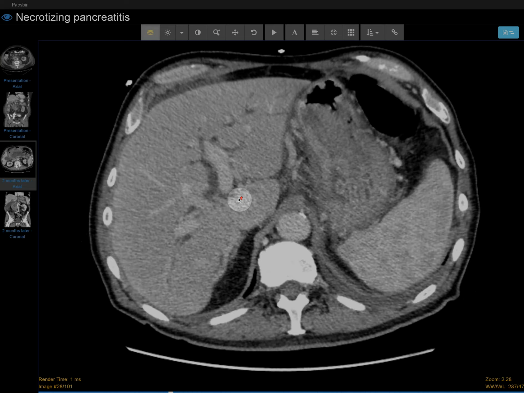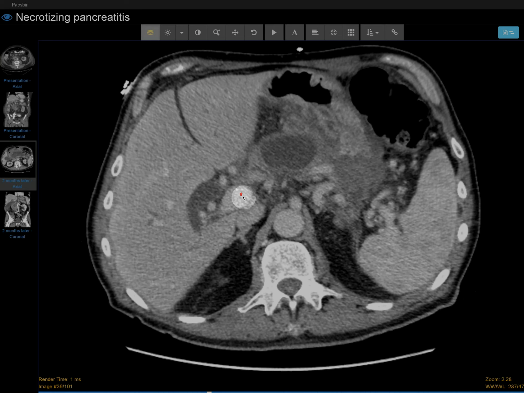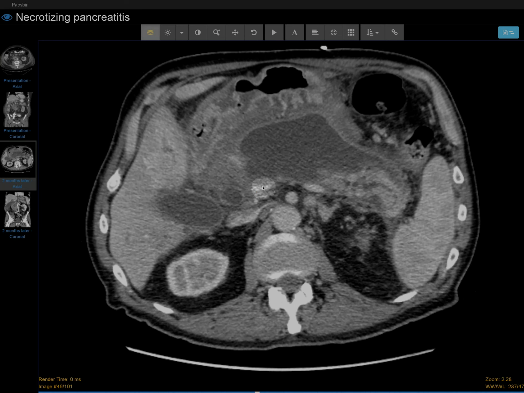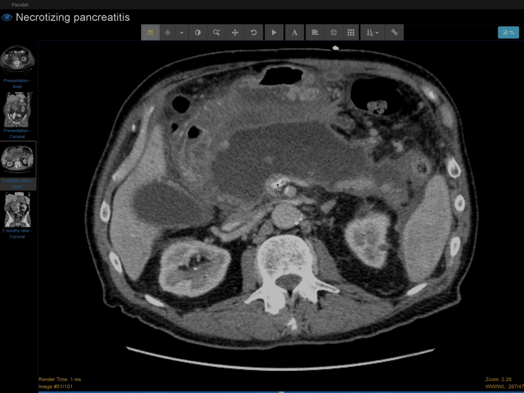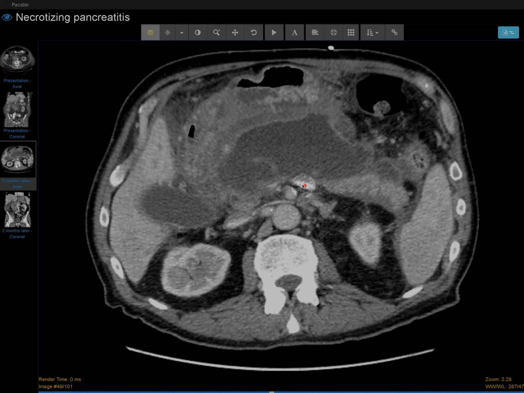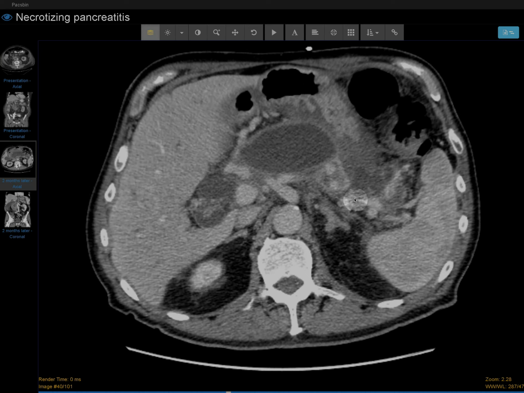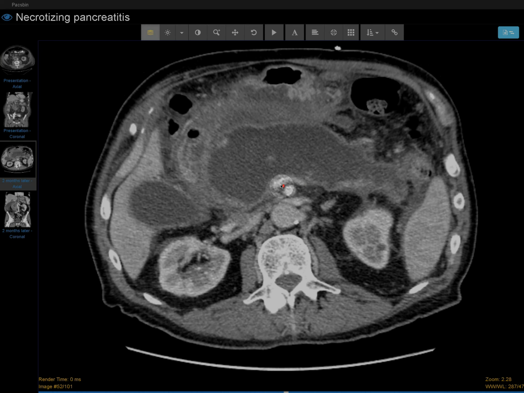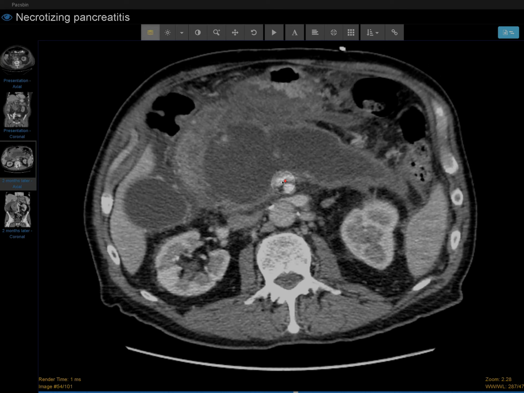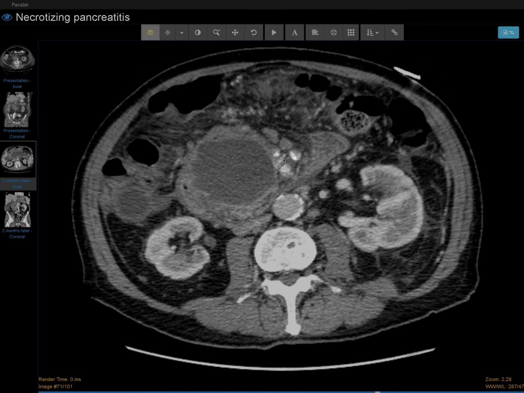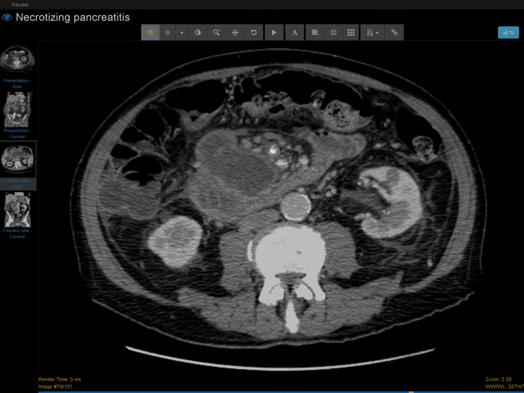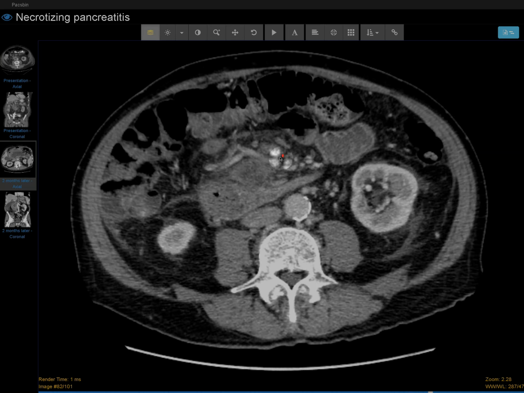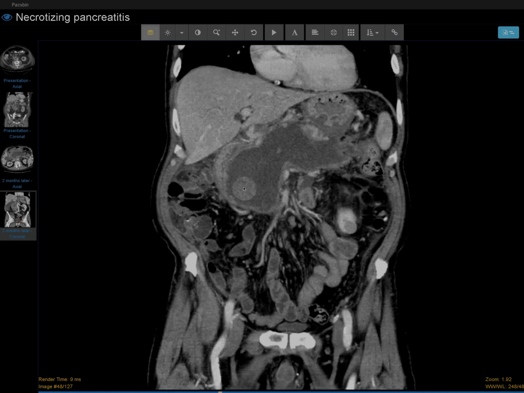And let's look at our veins. So portal vein is patent here. It's really compressed here. Splenic vein is compressed here. Do I see a thrombus in the splenic vein? Not convincing. There could be a tiny one here, but if I go down more, let's see. If I go down more, right here in the superior mesenteric vein, I think there's a thrombus.